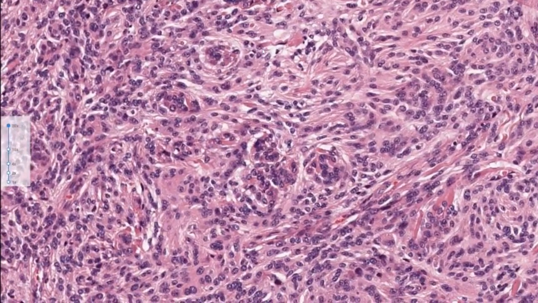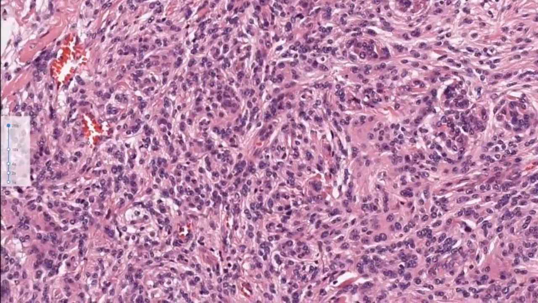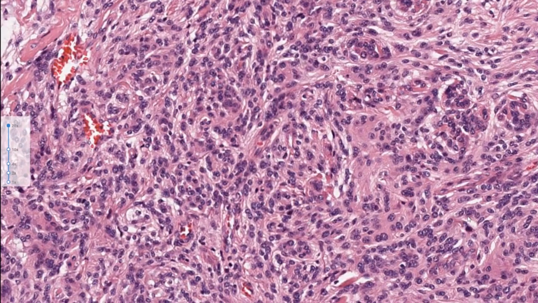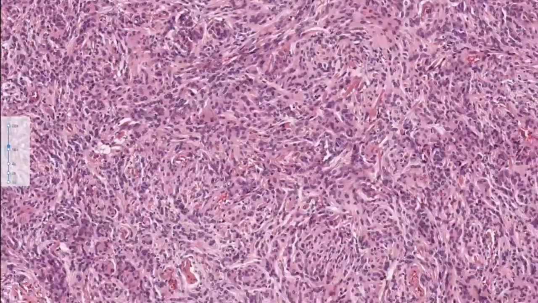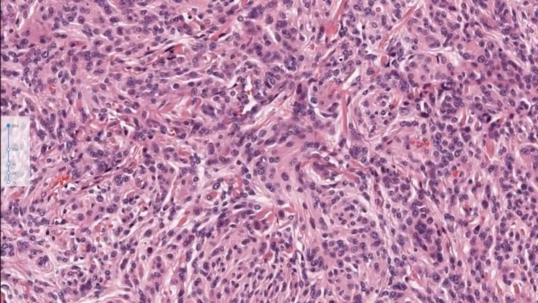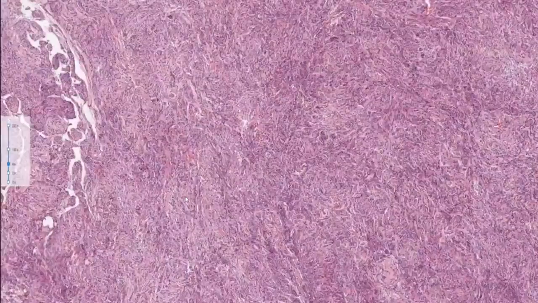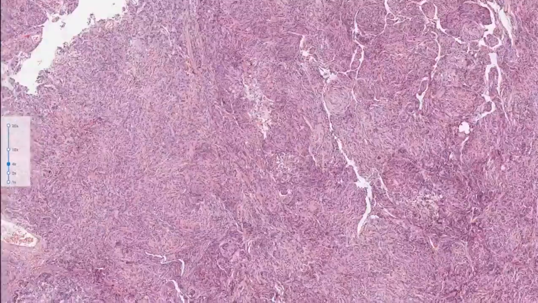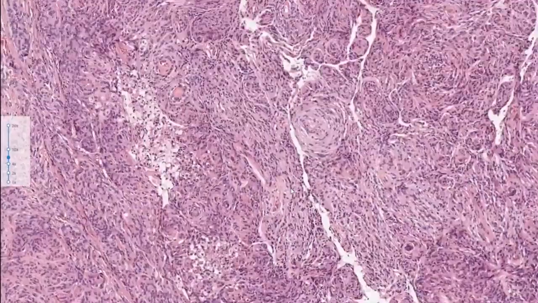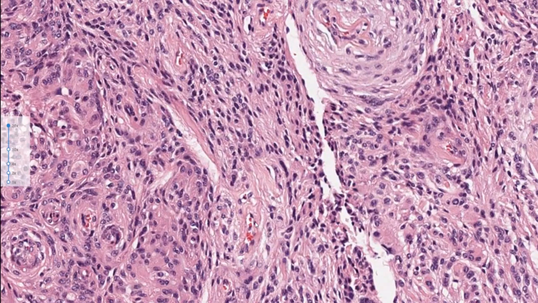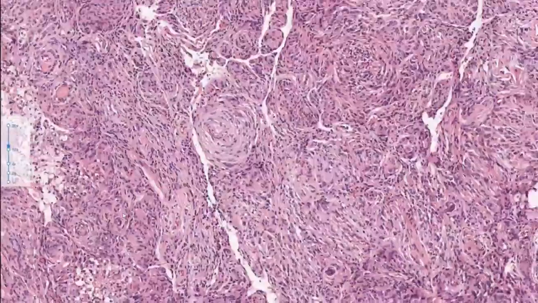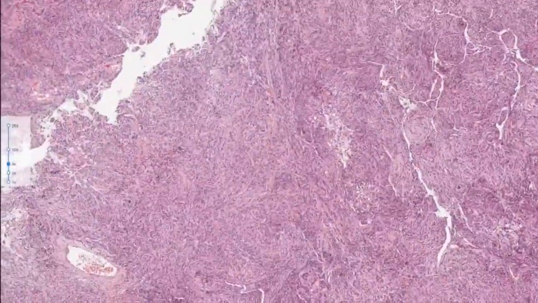You do have a suggestion of whorl formation. So in most instances, this is not a difficult diagnosis. Let me see if you have some other areas with whorls. So you definitely have a meningioma.